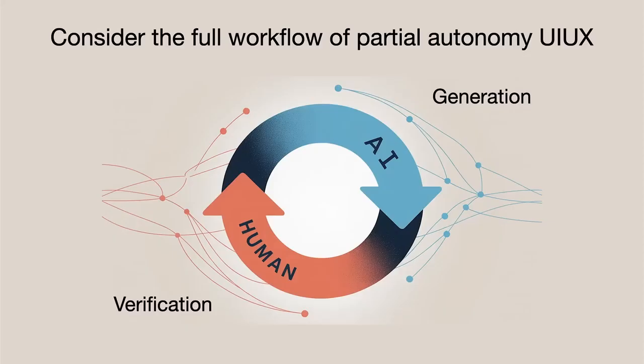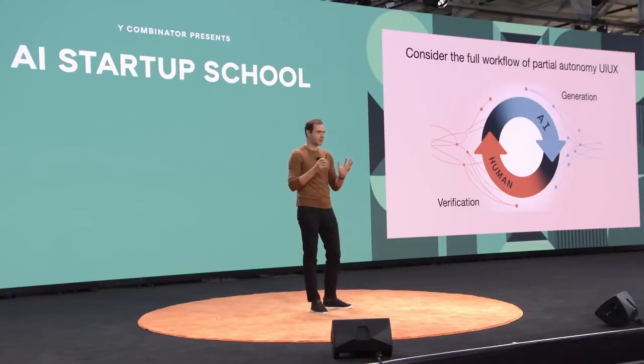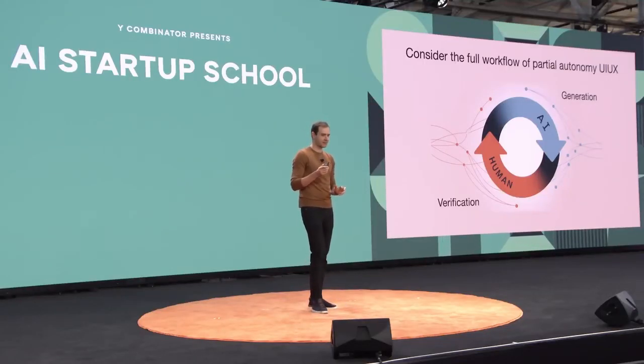So one thing I want to stress with a lot of these LLM apps that I'm not sure gets as much attention as it should is we're now kind of cooperating with AIs. And usually they are doing the generation, and we as humans are doing the verification. It is in our interest to make this loop go as fast as possible, so we're getting a lot of work done. There are two major ways that I think this can be done.